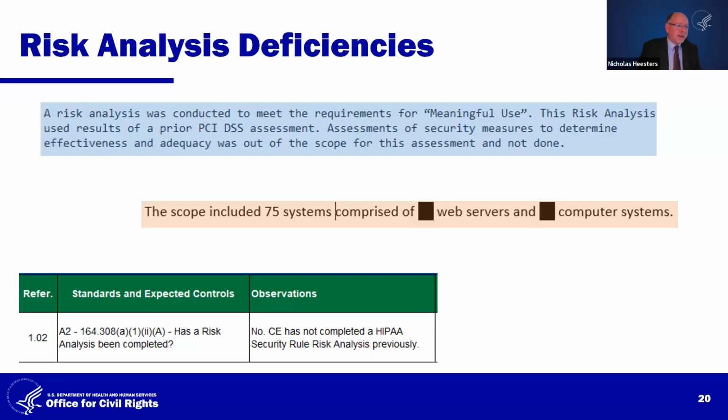And then finally, in our methodology definition here, we have that assessments of security measures to determine effectiveness and adequacy was out of scope. It's out of scope and not done.